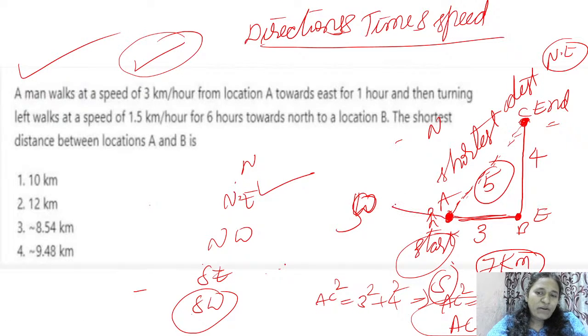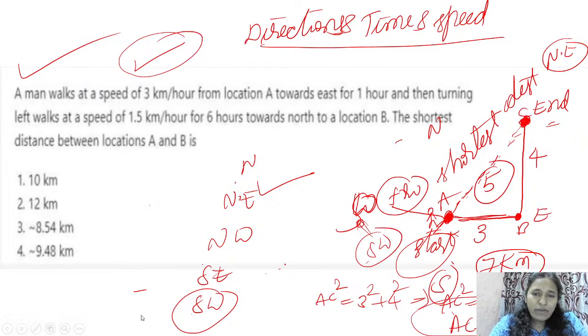If he is asking from his starting position, it is northeast. Suppose he is asking which direction is his starting point compared to his ending point, here it is southwest.